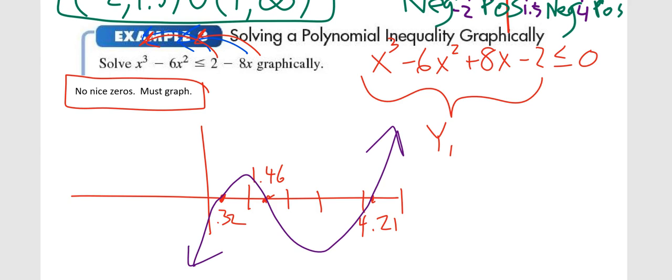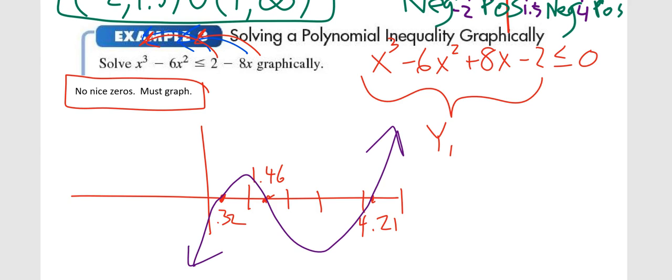You found the zeros. I'm guessing we're going to have to alter our window to get something that shows me a little bit better. Oh yeah, that happens. So just altering the window gave you a better looking shape.